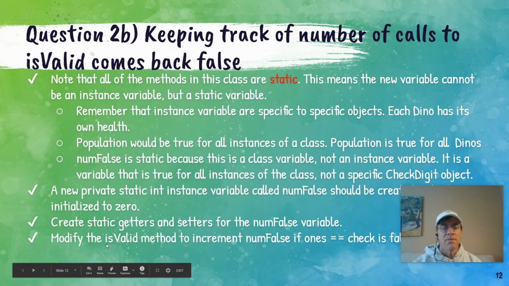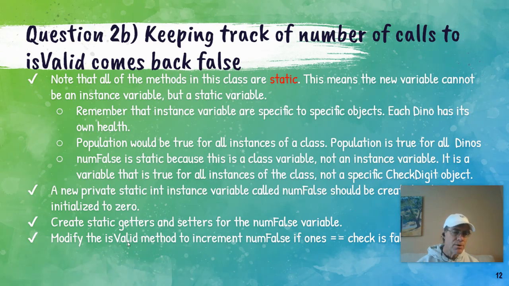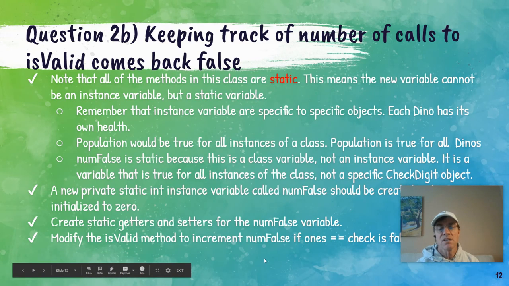And then I'm supposed to modify isValid. They don't want us to overload it, meaning I'm not passing a number or passing a variable to that. All I want to do is check to see if numFalse, I'm going to increment numFalse if this comes back as false.